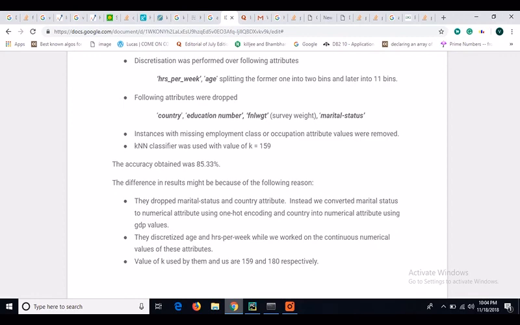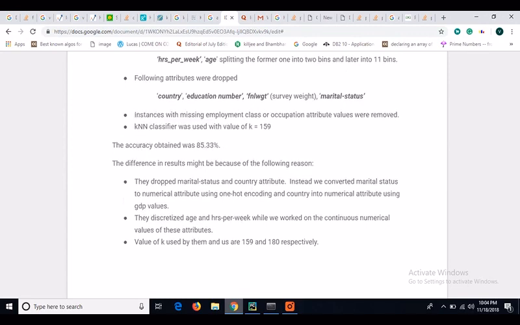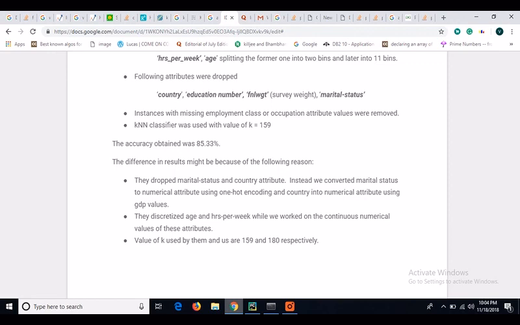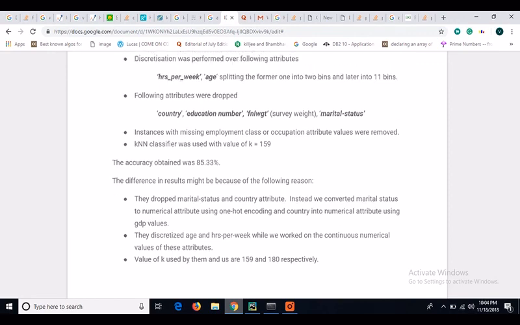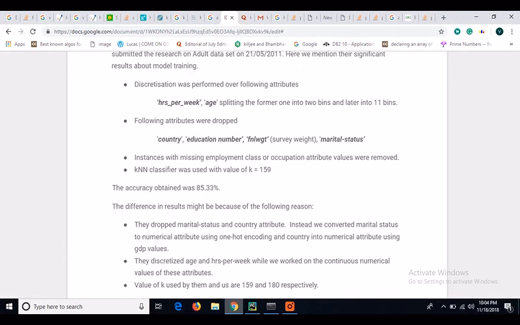Rather, they removed them, and their KNN was built using a value of k equal to 159, and the accuracy they obtained was 85.33%. We can conclude that the difference in the results might be because they dropped the marital status and country columns, perhaps thinking these are not good predictors of income. That might actually be true, but we have considered these two columns.